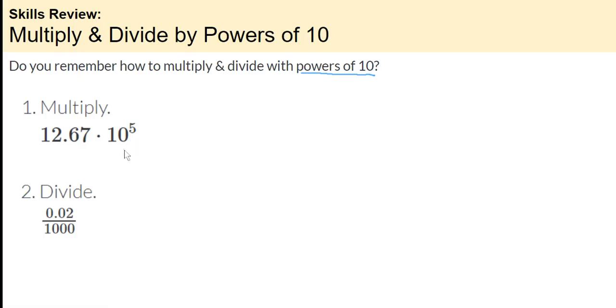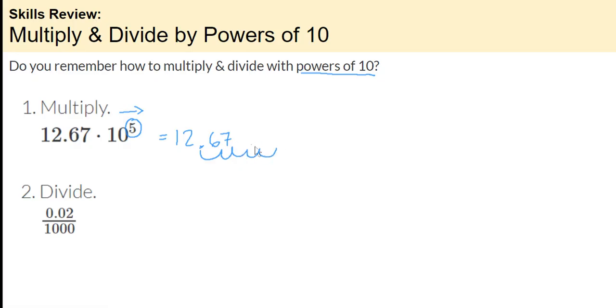Since we're multiplying by 10 to the 5th power, this is our clue. We have 12.67, and we're going to move the decimal 5 places to the right. Multiply, we move it to the right, make it get bigger. So 1, 2, 3, 4, 5.